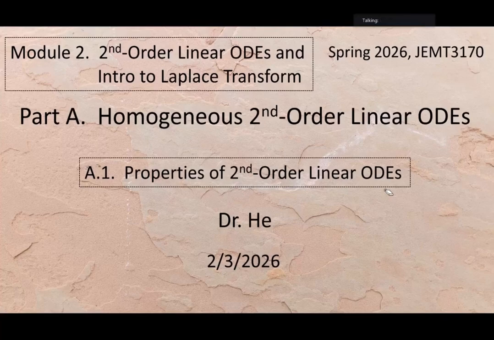Question: for quiz 1, is that based on all of module 1? What does quiz 1 cover? Quiz 1 covers part A, part B, so the whole module 1, the entirety of module 1.